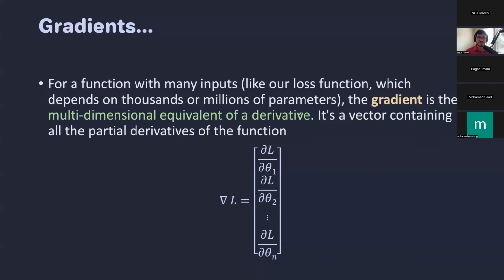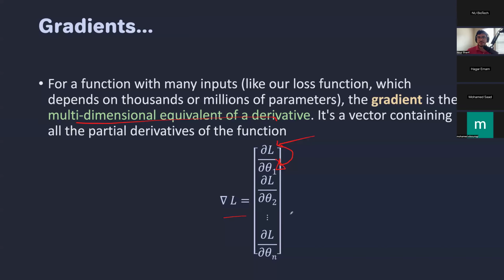The only difference between derivatives and gradients is that gradients are computed for a vector of values. So the gradient is a multi-dimensional equivalent of the derivative. And the way this works is, instead of taking the derivative of y by x, where here our y is the loss, you take the partial derivative of the loss with respect to every parameter. So this is theta 1, theta 2, theta n.